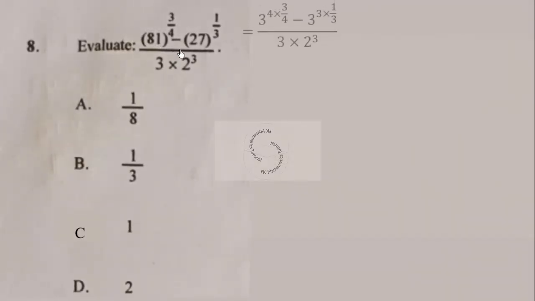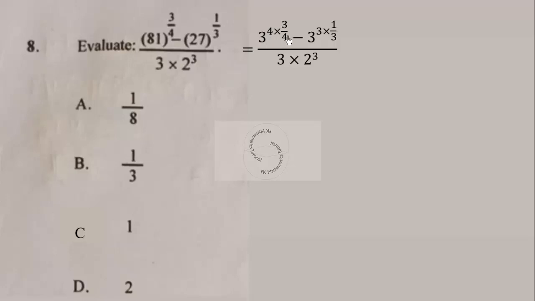Number 8, we have to evaluate this. So we express this 81 as 3 exponent 4, and 27 as 3 exponent 3. Now the power of powers rule is applied, so the powers can multiply.